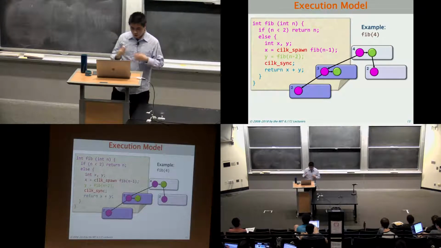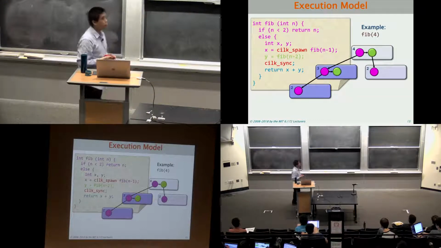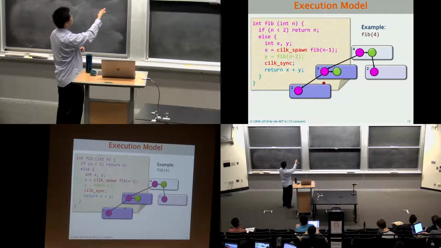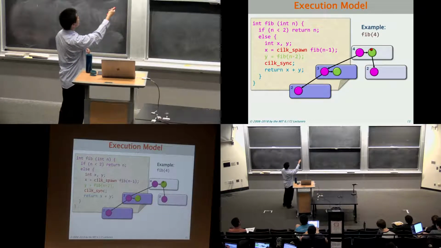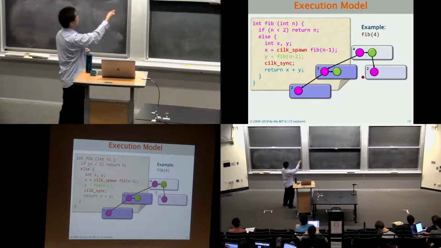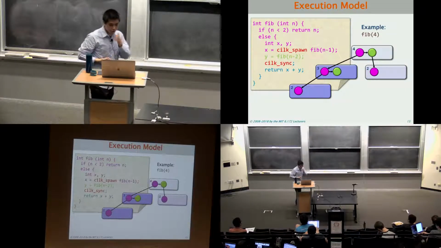Now I can unfold this computation graph one more step. We see that fib of 3 is going to call fib of 2, so I created another node here. And the green node here, which corresponds to this green line of code, is also going to make a function call. It's going to call fib of 2, and that's also going to create a new node.